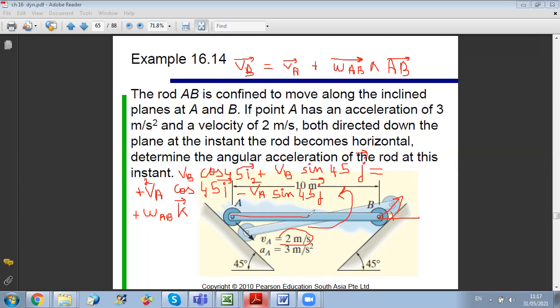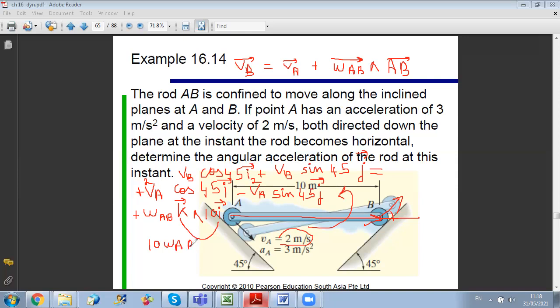At this position, since AB is horizontal, it has only a component along i, so vectorial 10 i. And now all I have to do is develop my relation. So k vectorial i is plus j. If you remember the circle i, j, k, i: positive. So I can replace this term by 10 omega AB j.